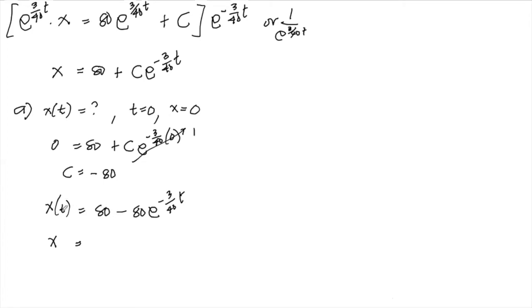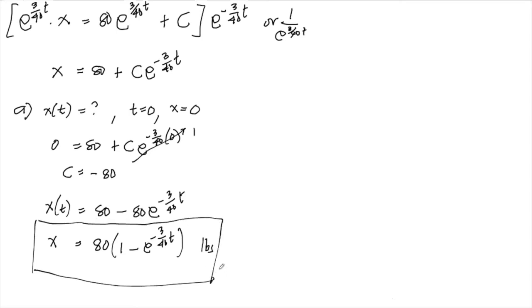Kasi baka malito ka pa na nag-times t ka. Hindi to times t ha. X as a function of t yan. So 80 times 1 minus e raised to negative 3 over 40 times t. The unit of this is in pounds. So this is now the answer to letter A, the amount of salt in the tank or in the container at any time t.